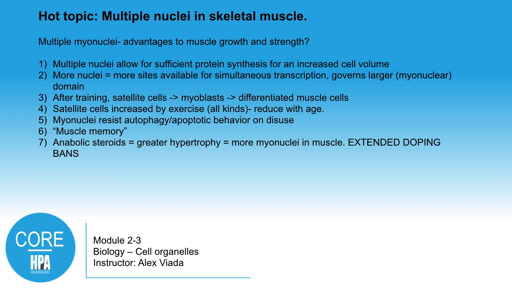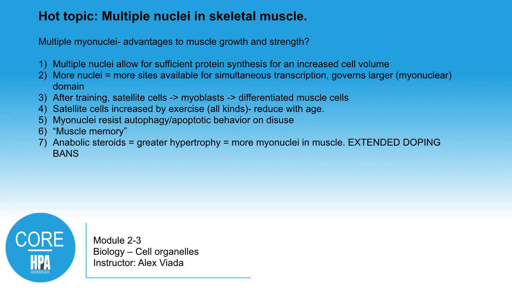As you get more and more nuclei in the muscle cell, you have more sites available for simultaneous transcription and translation, and therefore the muscle's ability to respond to demands increases dramatically. Now, satellite cells are increased by exercise when you're younger, anywhere up to about the ages of 40 to 50.